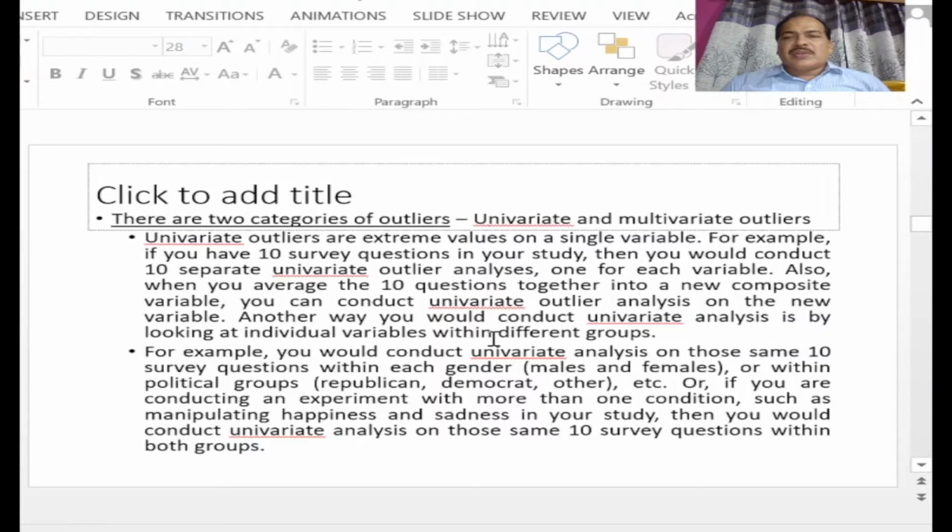Also, when you average the 10 questions together into a new composite variable, you can conduct the univariate outlier analysis on the new variable. Another way you would conduct univariate analysis is by looking at the individual variables within different groups. It means any value which is extreme, either for a composite group or for an individual group, we can go for the outlier analysis for the different subgroups as well.